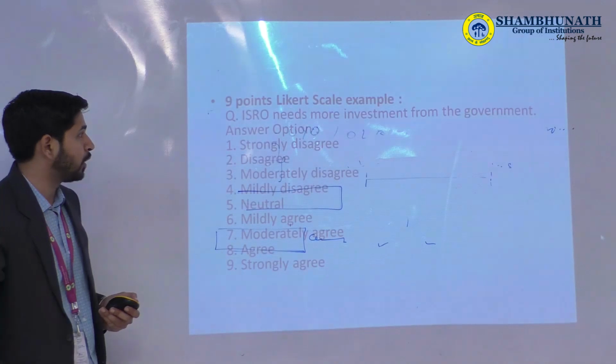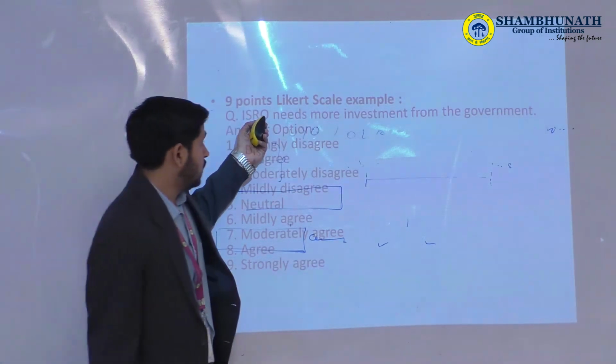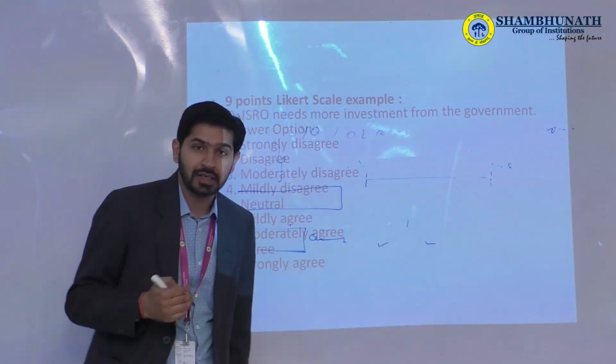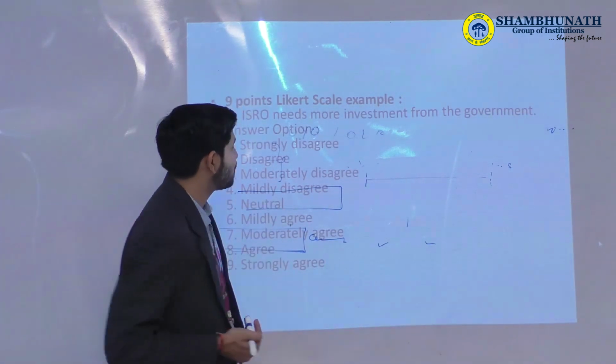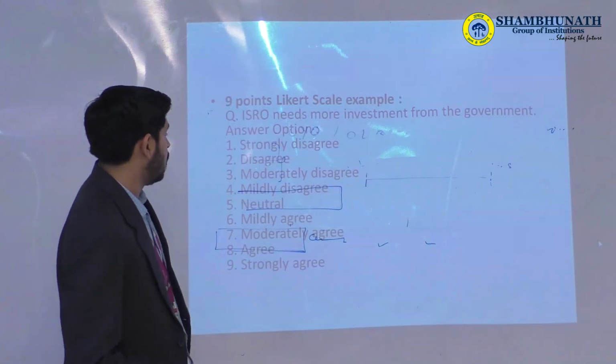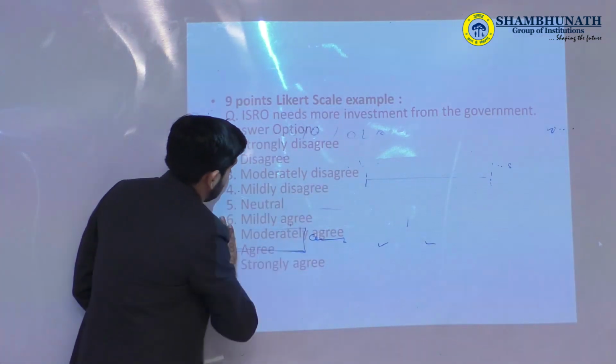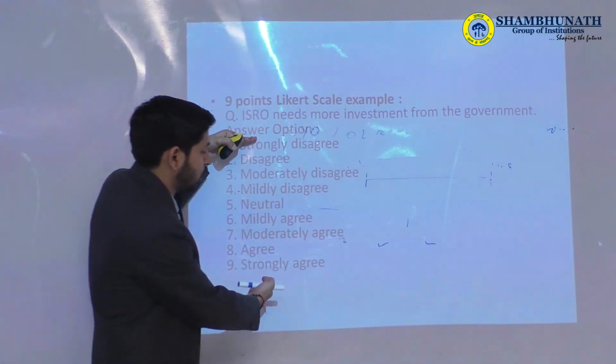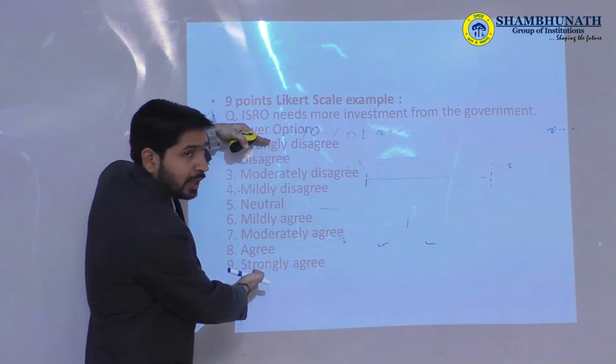Then comes the 9-point Likert scale. The question is, ISRO needs more investment from the government? Definitely yes. Now here comes the 9-point Likert scale. Strongly disagree to strongly agree. These are the two polarities.